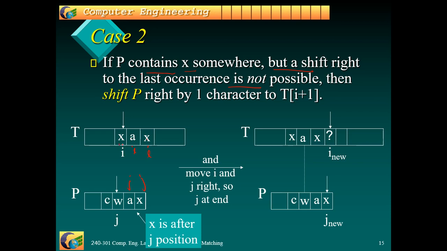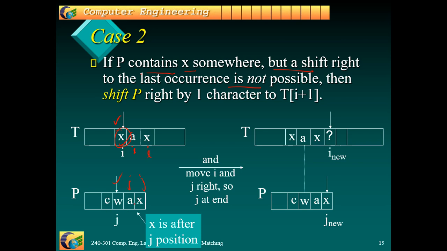So you decrement, I is here, now J is here, there is a mismatch. Now, after you identified that there is a mismatch at some X, what is the last occurrence of X in P? It is not before J, it is after J, the other way around, you can see.